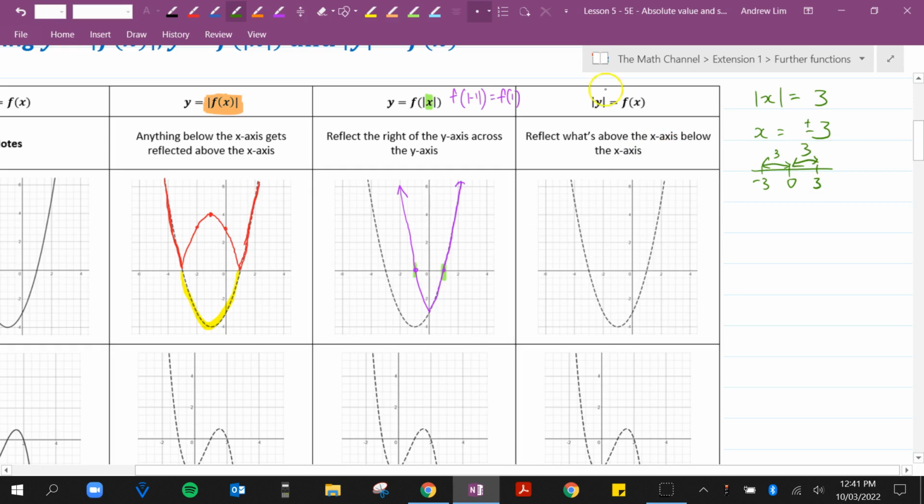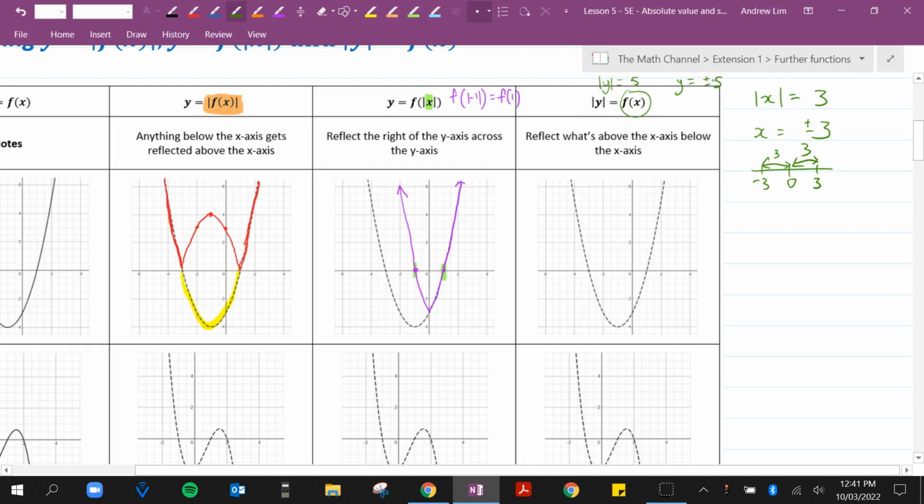So with the absolute value of y equal to f of x, if this happens to be a positive number, then there will be two possible y values. If this was 5, then the absolute value of y is equal to 5, so y will have to be plus or minus 5.